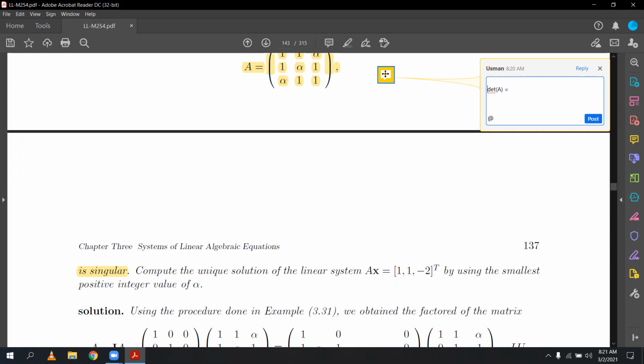Any student, please? We know A is LU. What is the determinant of A? Determinant of L times determinant of U. What is the determinant of U in the Crout method, please?